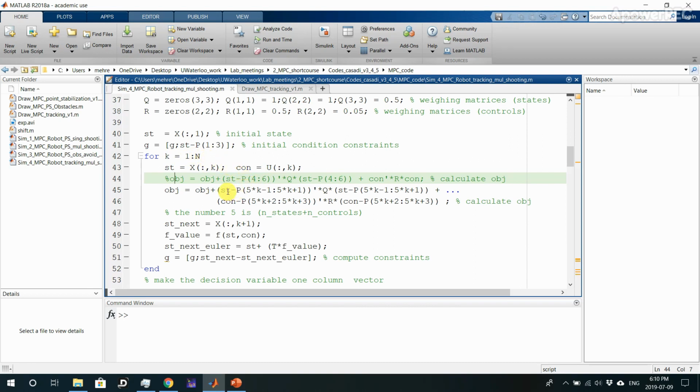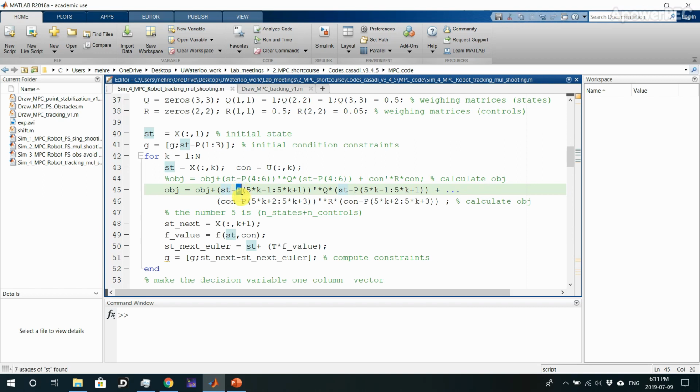But for the trajectory tracking case, which we are considering in this video, for every step along the prediction, we are penalizing the deviation between the state and a different reference, because for each step along the prediction the reference is changing. And the same with the control.